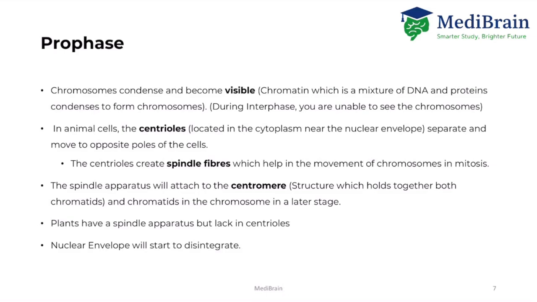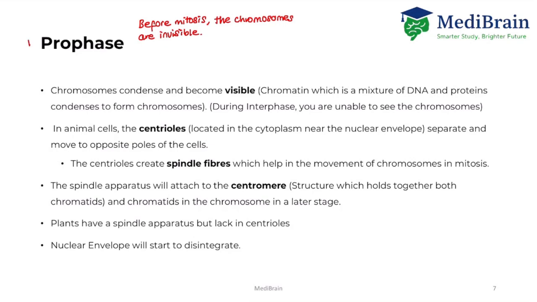Okay, a lot of this is just to help you understand what's actually happening in prophase. First of all, before mitosis, the chromosomes are invisible. That's what you need to understand. You can't really see the chromosomes before mitosis occurs.